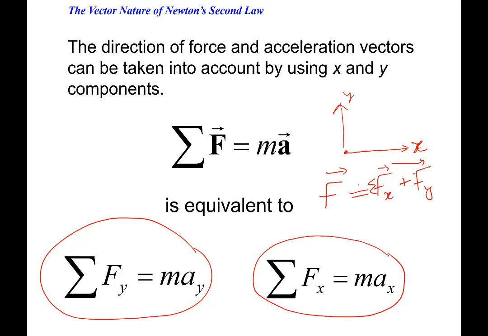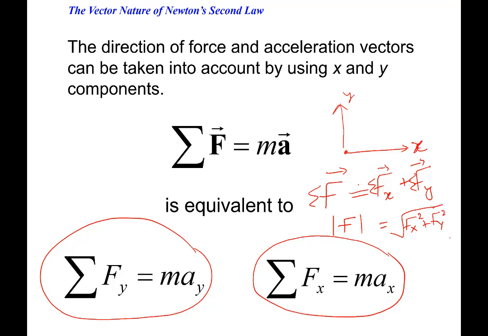You can even put summation here, or the net forces. If you have to find the magnitude of the net force, then you can square root them, Fx squared plus Fy squared.